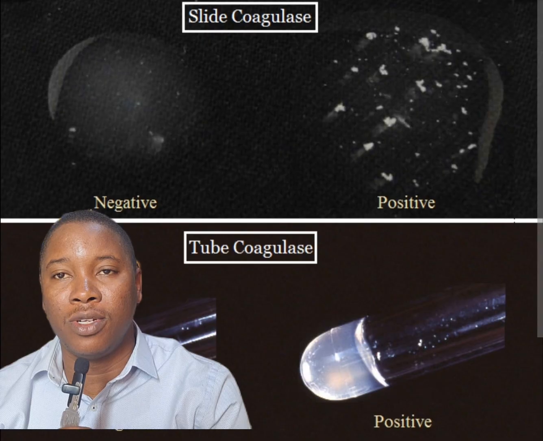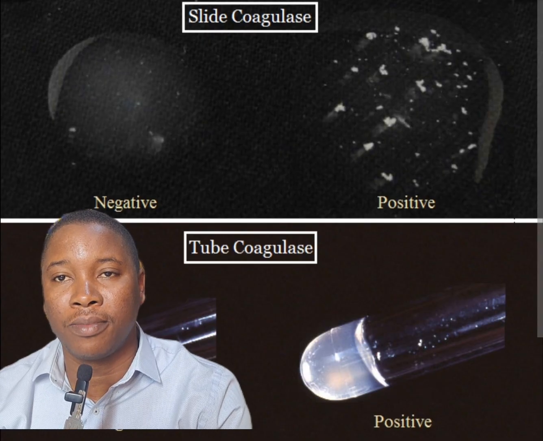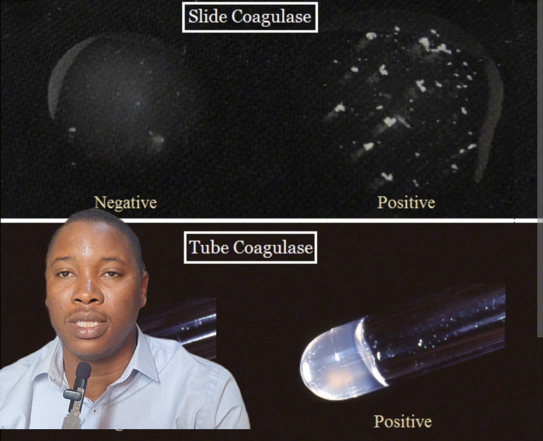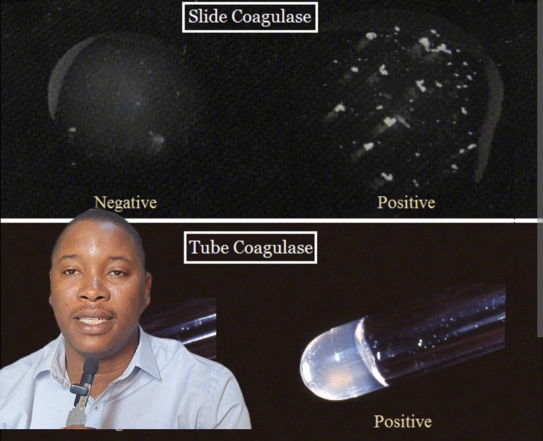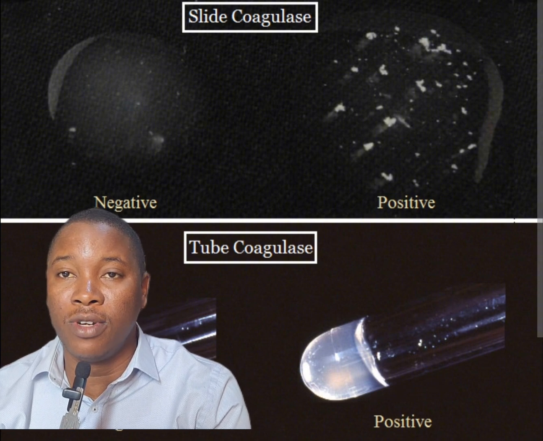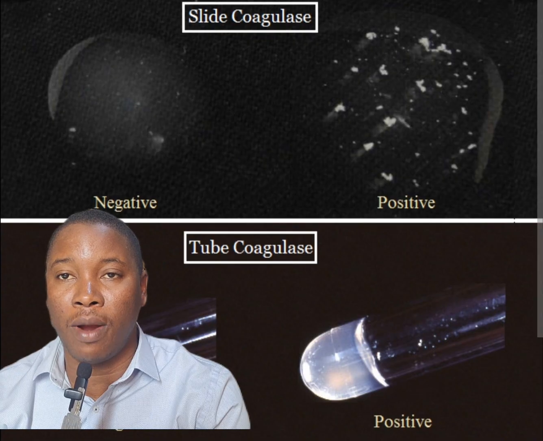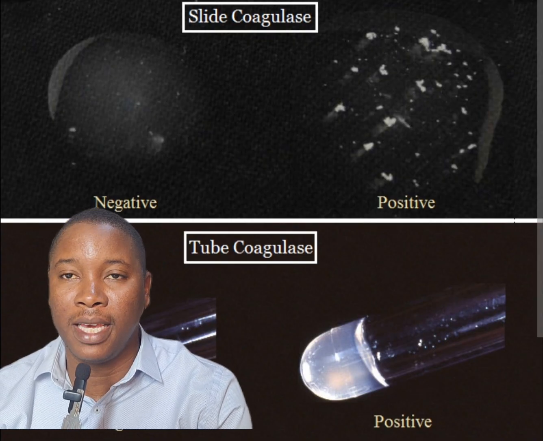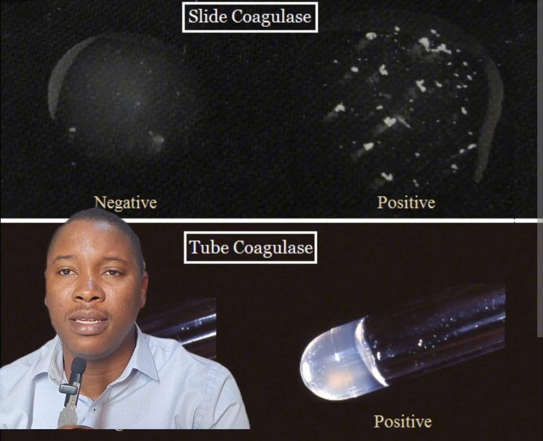And when this has been done, then you inoculate your organism onto the two slides. Remember, one is a control, one is a test. So it is only on the test one that you put your rabbit plasma. The other one just has distilled water.